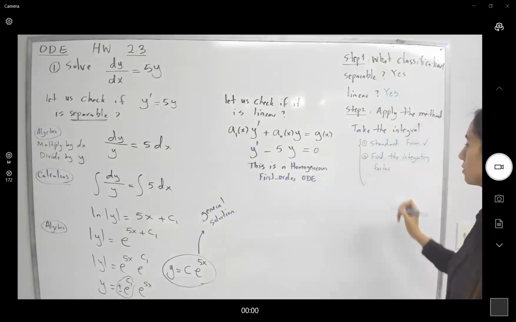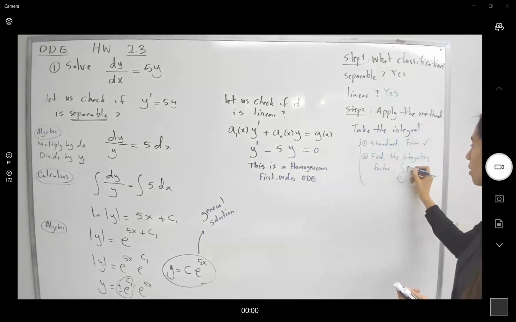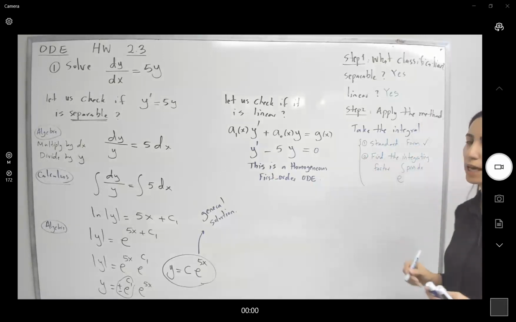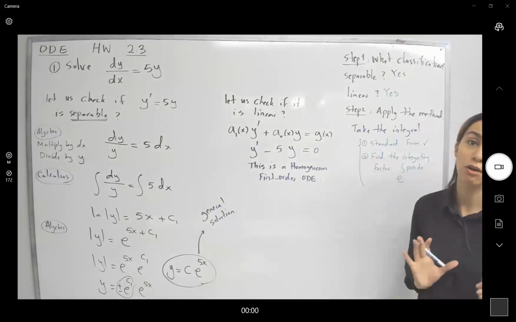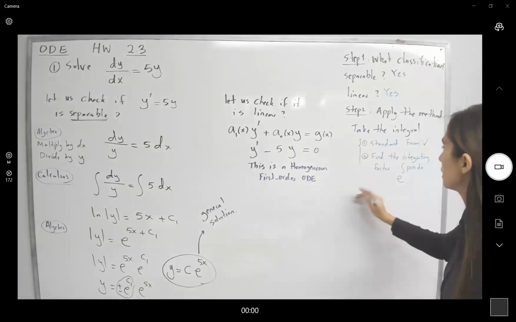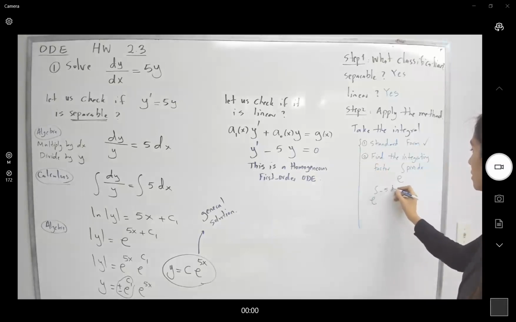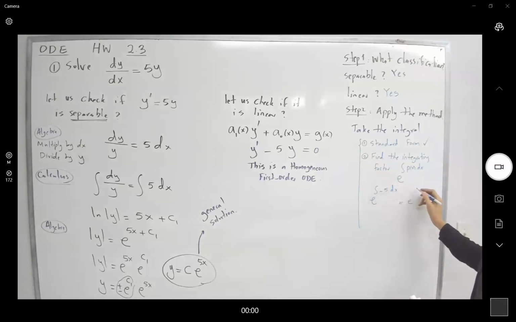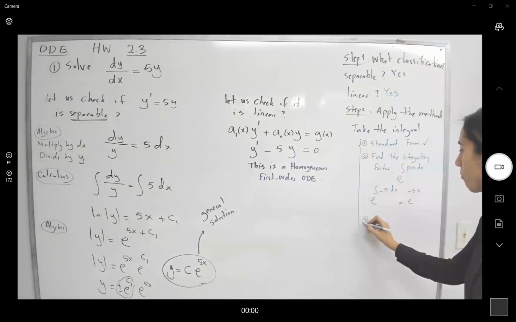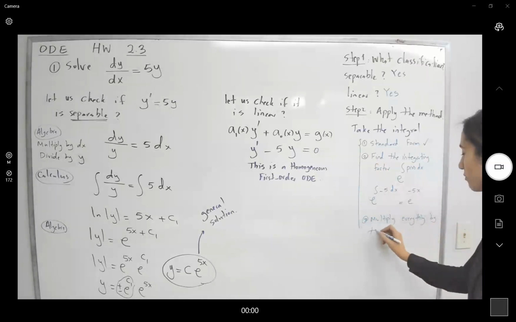What's the integrating factor? The way that we define the integrating factor is e to the power integral of p(x) dx. And what is p(x)? p(x) is the coefficient of your y. The coefficient of y is negative 5. So here we have the integrating factor e to the power integral of negative 5 dx, which is equal to e to the negative 5x. This is our integrating factor. Step 3, multiply every term by the integrating factor.